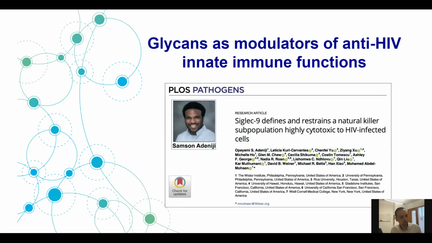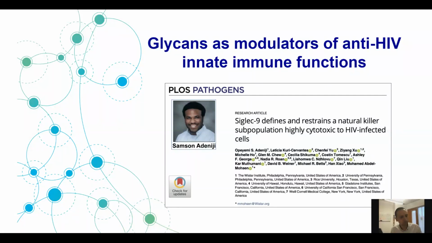Then after this, I will show you how the exact same glyco-immune negative checkpoints could play an important role in modulating immunity against SARS-CoV-2 infection. So let me start with the first part on HIV.